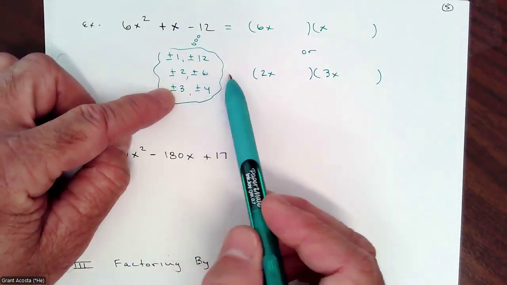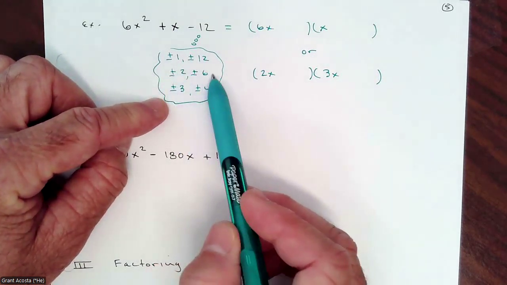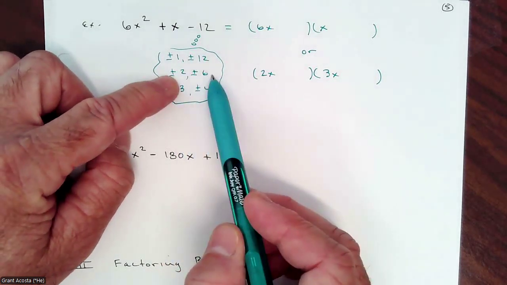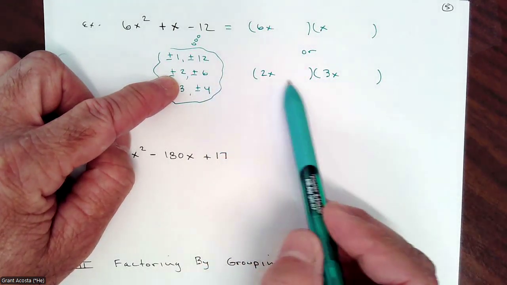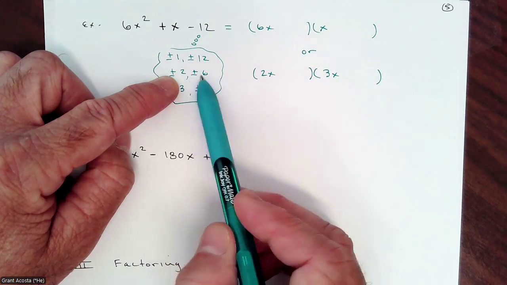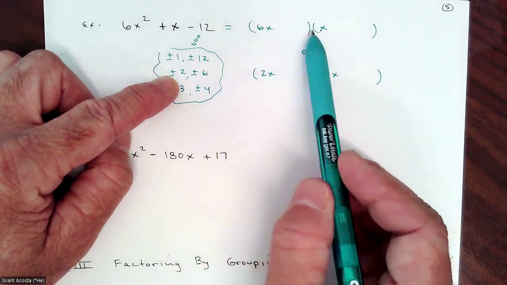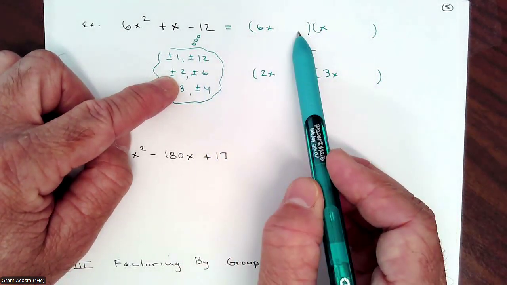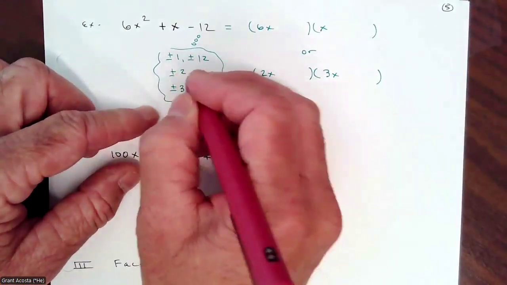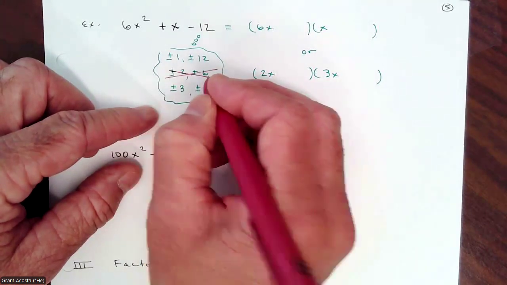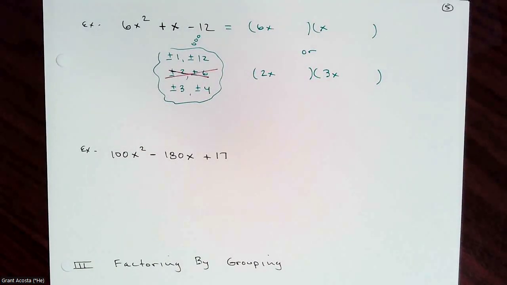So now, what do you know about this factor? 2 and 6, both of those are even numbers. So if you were to use the 2 and the 6, the 2 or the 6 would have to go with the 2. That would be a common factor. And the same thing up here, right? If you put a 2 or a 6 there, you're going to have a common factor. So if it factors, the last numbers aren't going to be 2 and 6 for either case here.